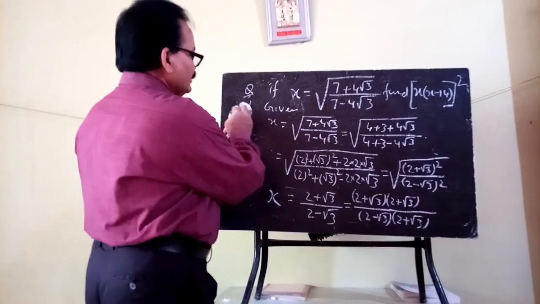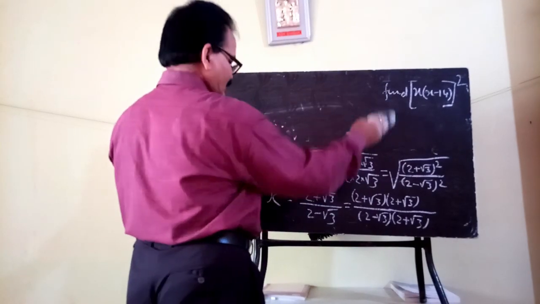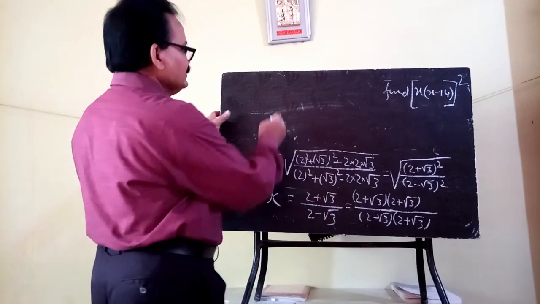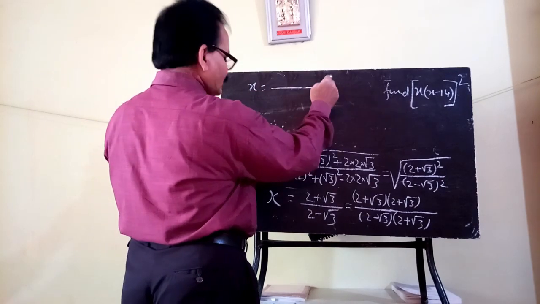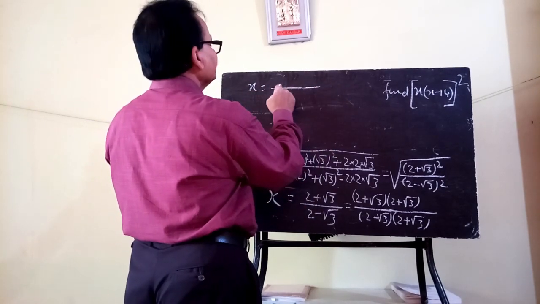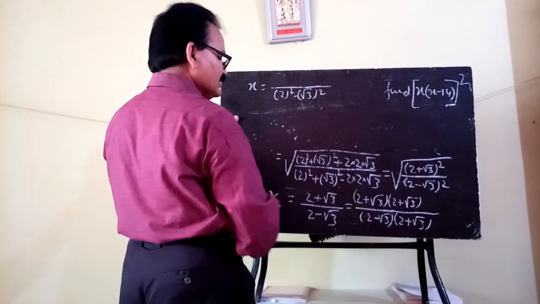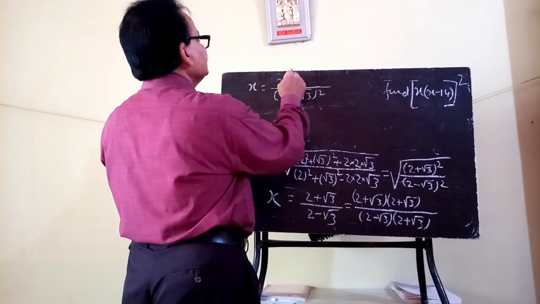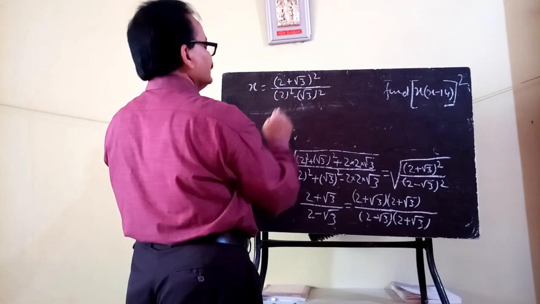Then after that, in the denominator you have 2 square minus root 3 square, and in the numerator 2 plus root 3 whole square.